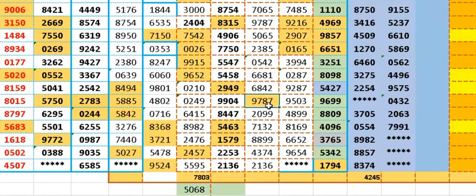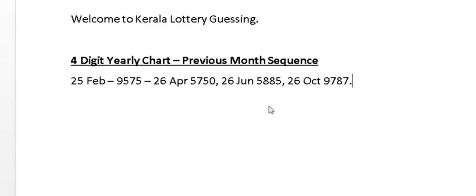So we'll take an example of one starting the 25th, and the sequences have come from the 26th of the previous month. You can see this is the 1 day advance sequence that was working well before. Later on it changes.